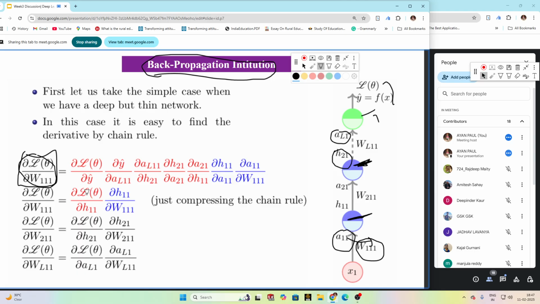So we just have to apply the chain rule, because we cannot directly reach it with so many functions in between. Just like the differentiation you have all done in 11th and 12th, if we have a very complex function, we apply the chain rule. First we solve for one function, then for another, then another. Similarly here, we cannot directly calculate del L by del W11.